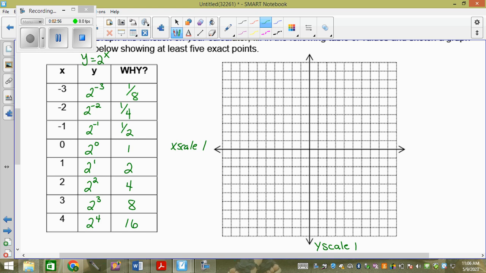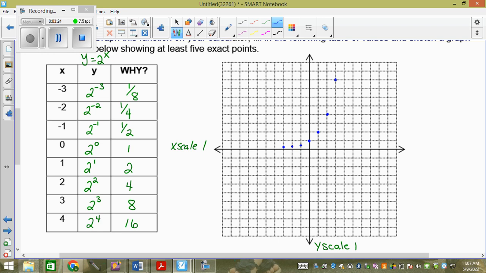So if we go to sketch this graph, we have -3 and 1/8. So that's really close to the x-axis, but not touching it. Then we have -2 and 1/4. Then we have -1 and 1/2, 0 and 1, 1 and 2, 2 and 4, 3 and 8, and then 4 and 16, but I'm not going to see it.